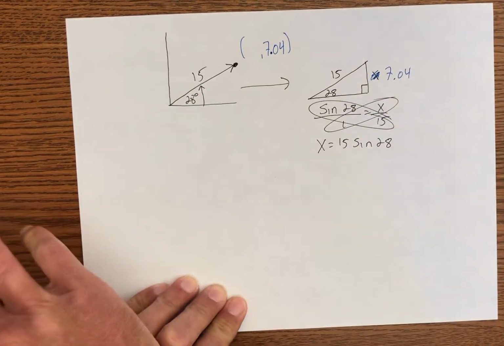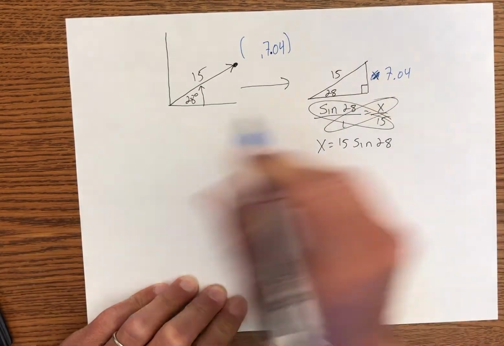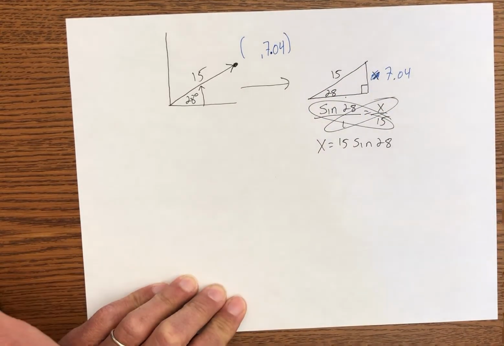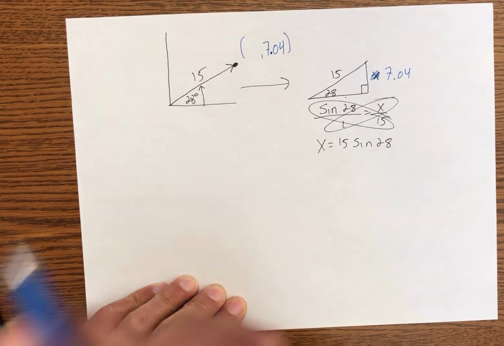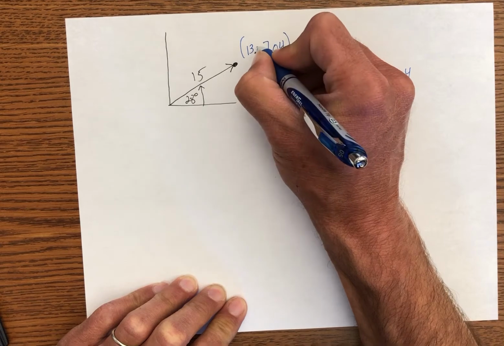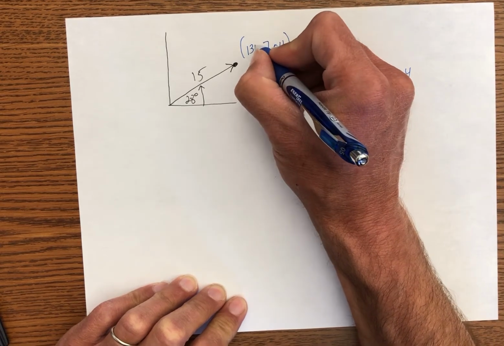Now I'm just going to do Pythagorean theorem to figure out this side. a squared plus b squared equals c squared. So I'm going to go 15 squared minus 7.04 squared, and then I'm going to square root my answer to get 13.3 more or less.